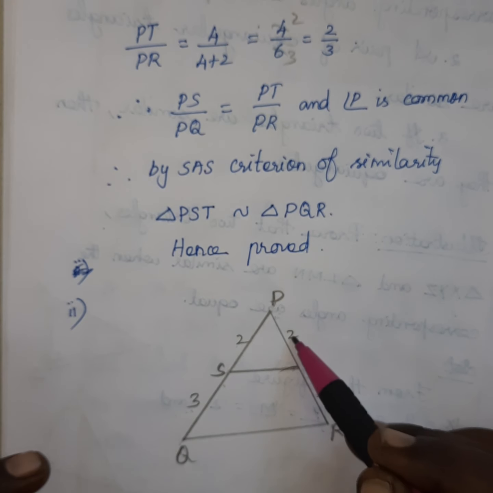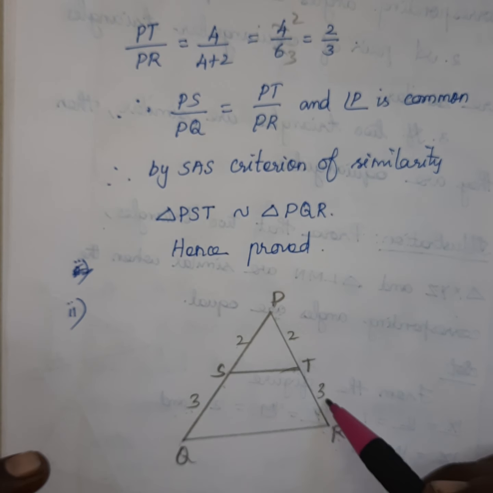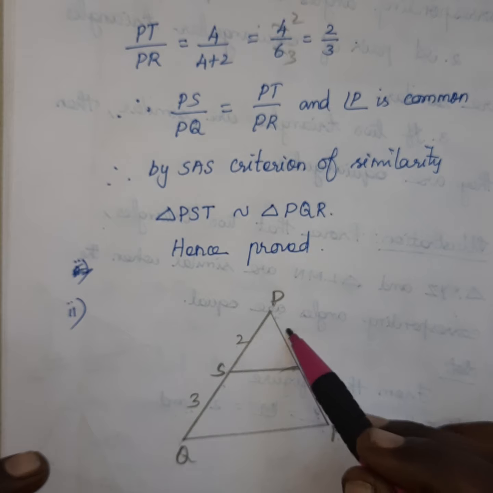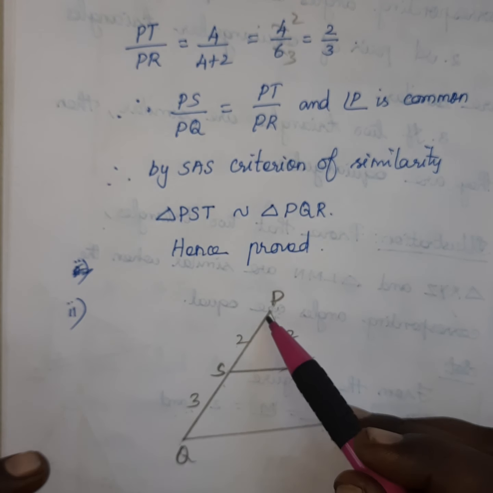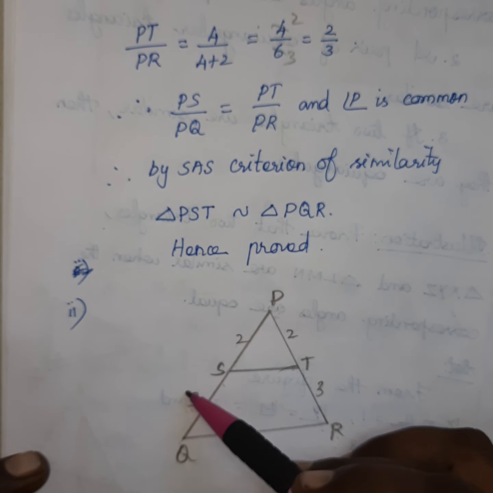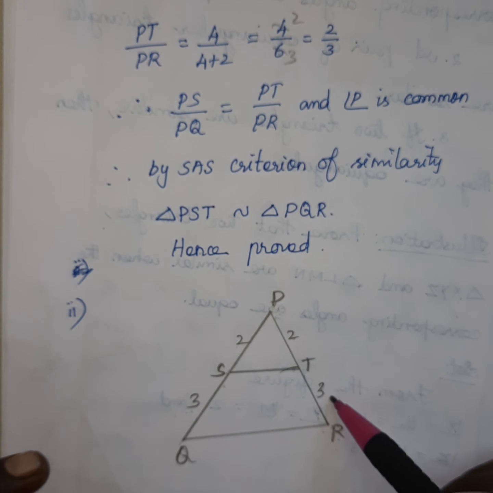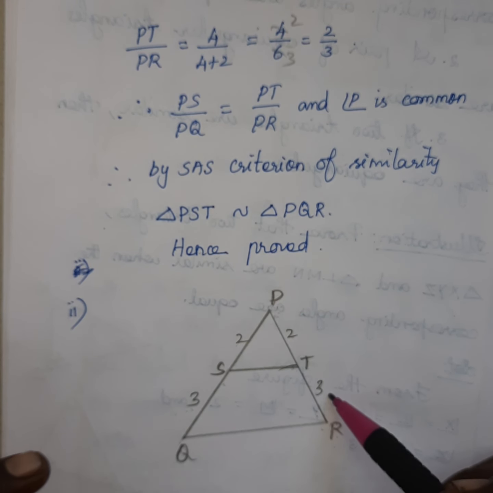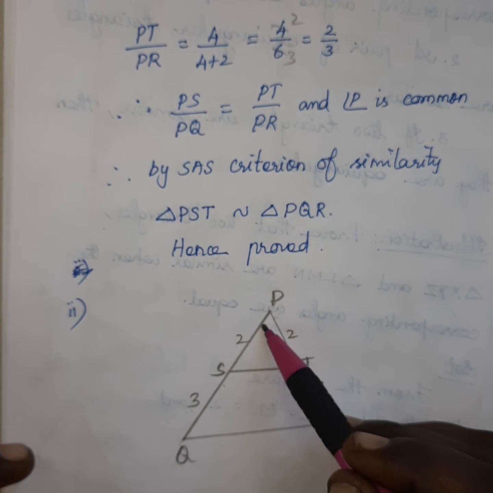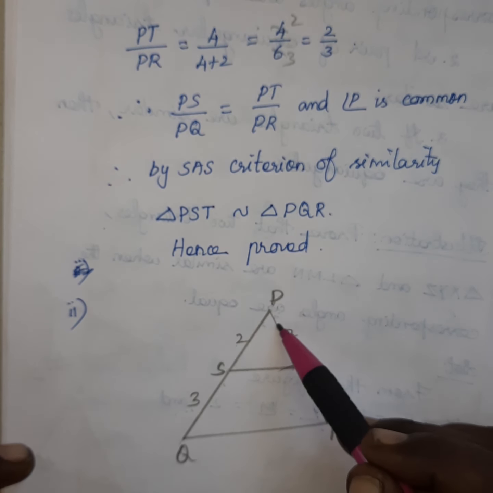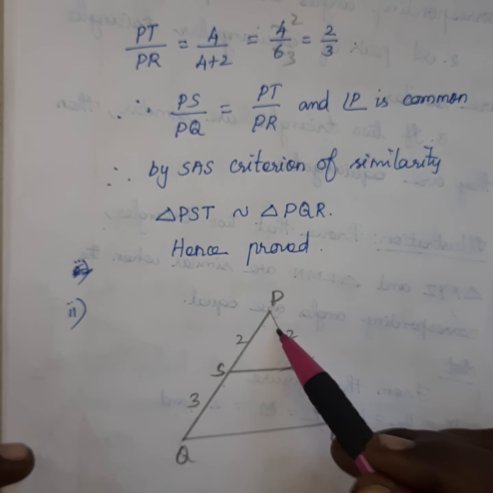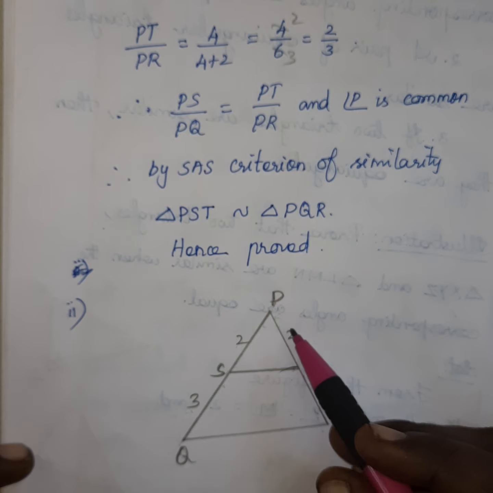Also PT value is 2, but TR value is 3 and PR is 2 plus 3. So you will get 2 divided by 5 for both ratios. So the ratios are equal. Like the previous question, angle P is common. So we can say the triangles are similar by the SAS criterion.